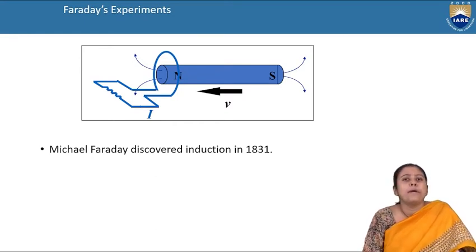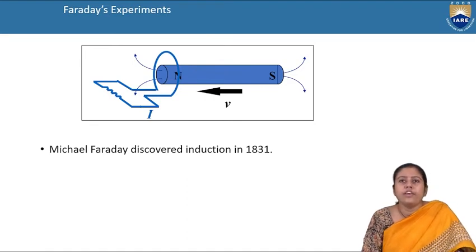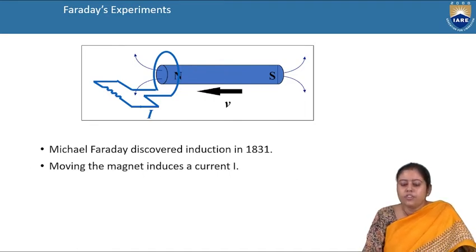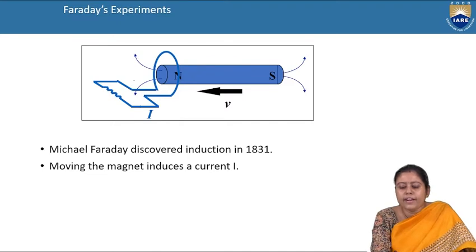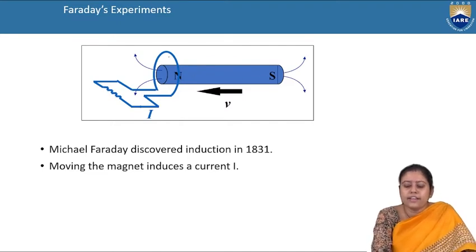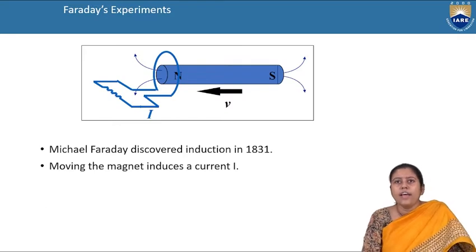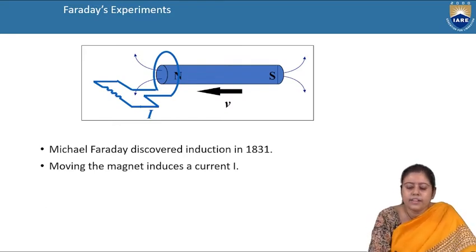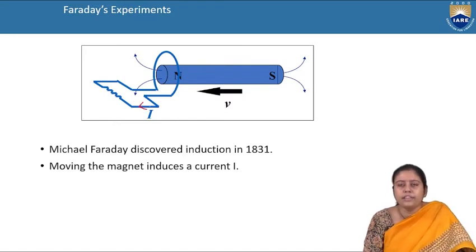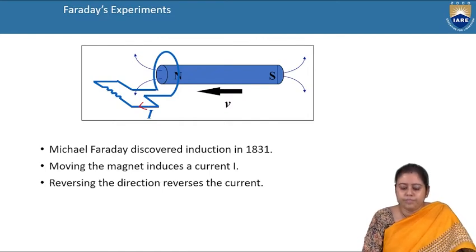It is the base of any type of electrical engineering. He moved the magnet and checked that there was some induced current in the coil, and he measured a current flow in the coil.